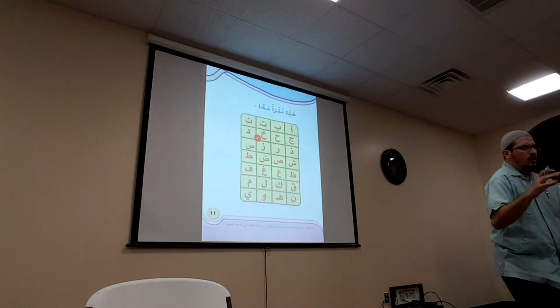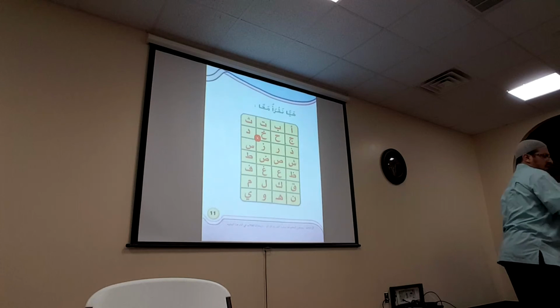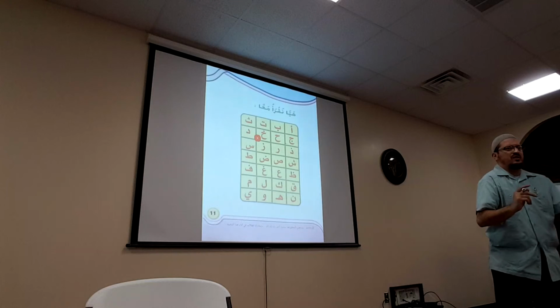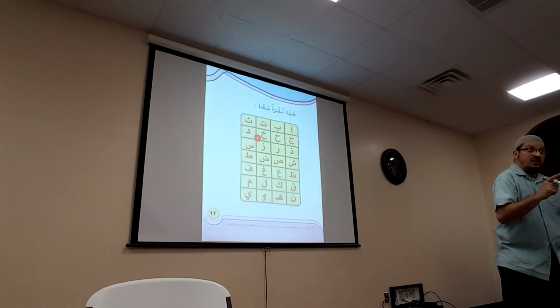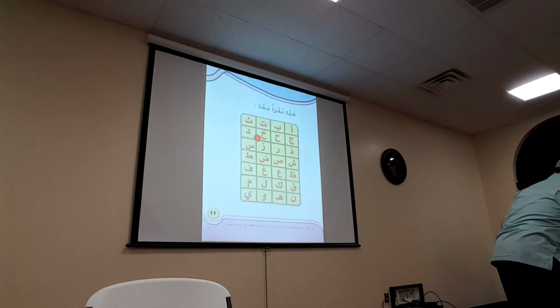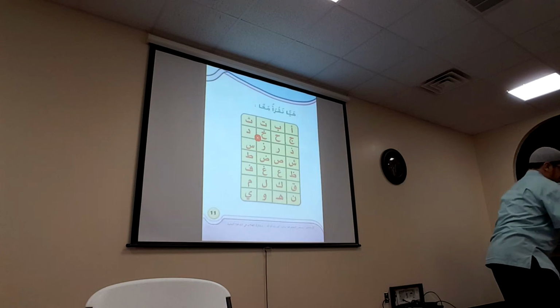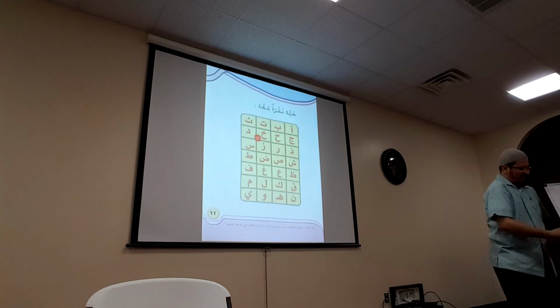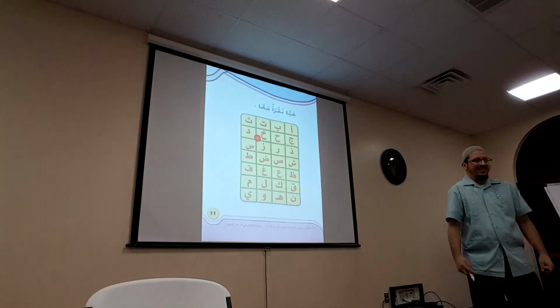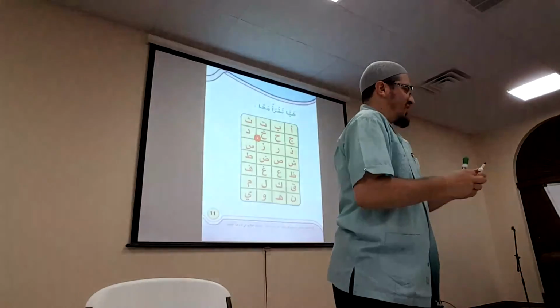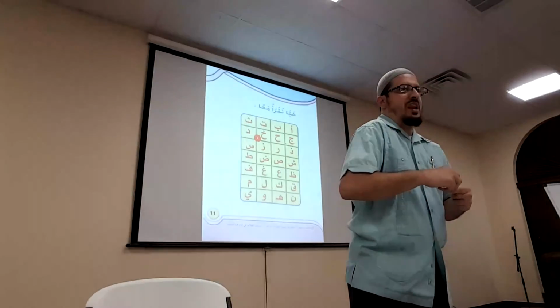So whenever you look and you have two lines like this, is it touching both sides? Then it is a lam, not an alif, it is an L. If it's not touching, that's an alif.